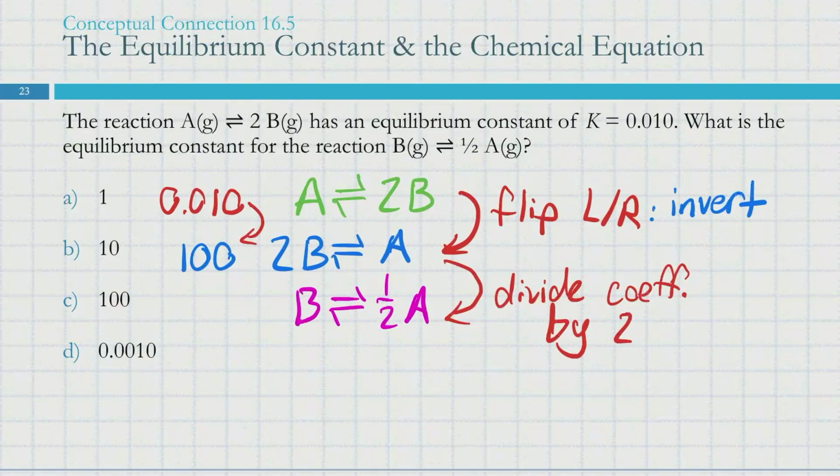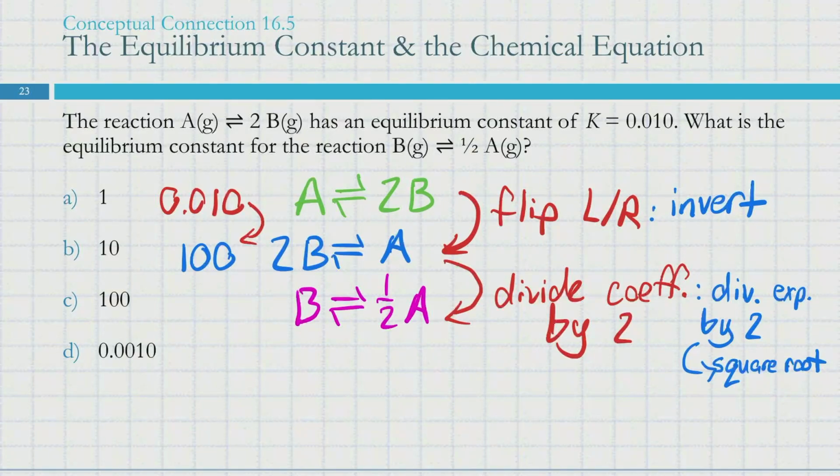And then we divide our coefficients by 2, and since our coefficients are exponents, we're going to divide our exponents by 2. And when we divide an exponent by 2, that's a square root. So we're applying a square root to each of our coefficients in our KEQ, or equilibrium constant expression.